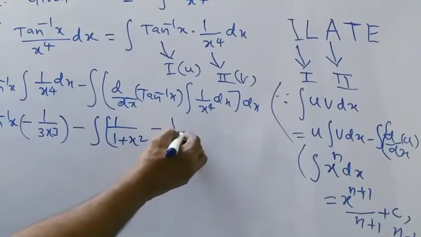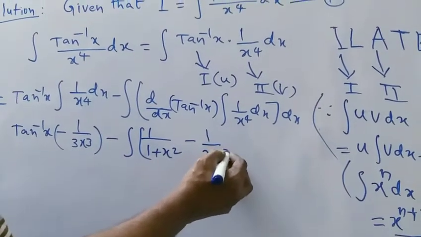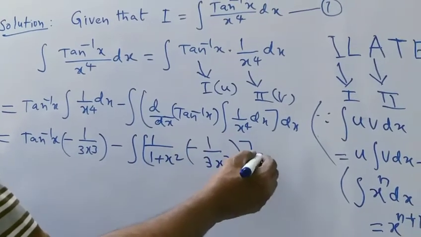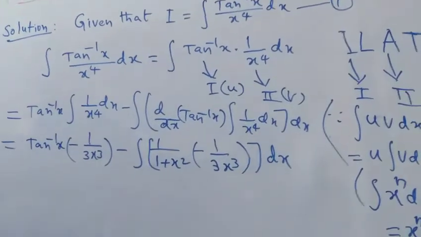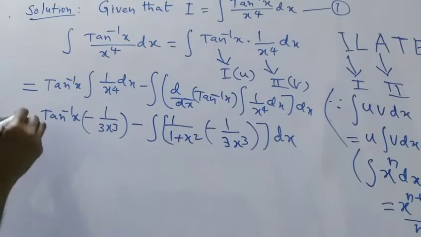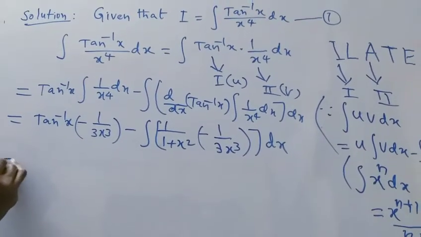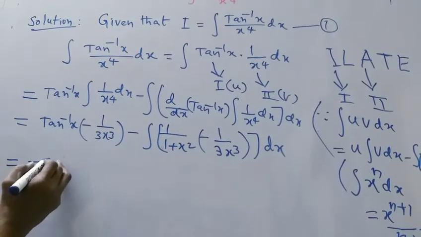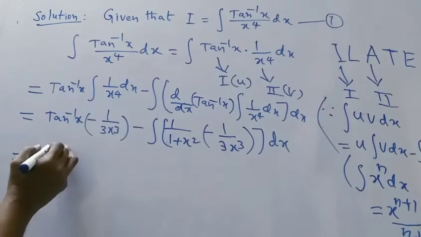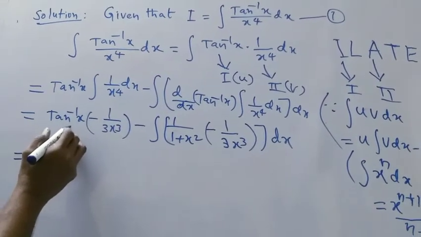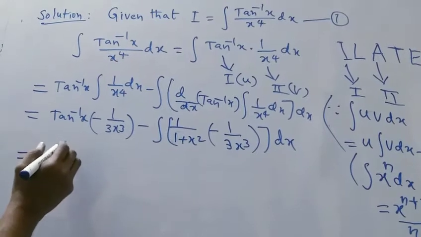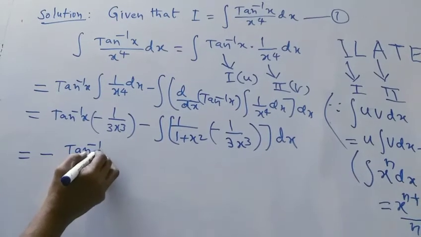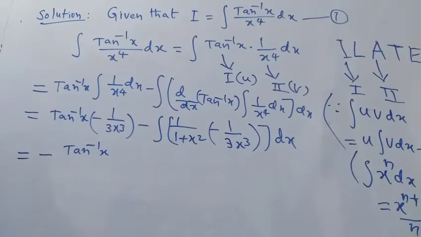So minus 1 by 3 into x cube dx. This is equal to minus tan inverse x into 1, that is tan inverse x, minus tan inverse x by 3x cube.